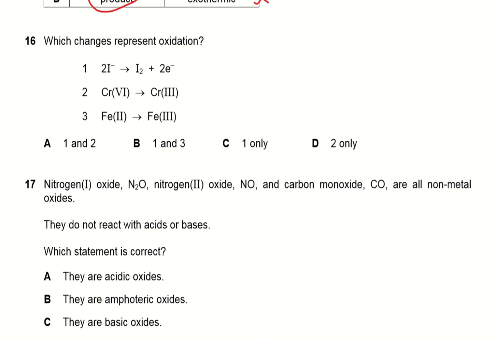Now, which changes represent oxidation? Basically, oxidation is the loss of electrons. So in which reaction is electron lost?